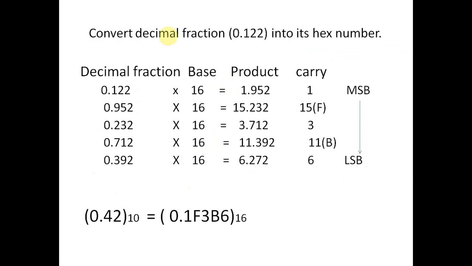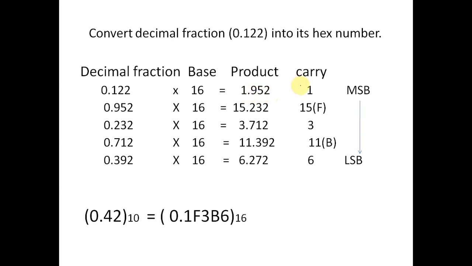The remaining part is to convert this 0.122 decimal number into a hex number. This is also a similar procedure. Hex has a base of 16, so multiply by 16, and here the first product is 1.952.